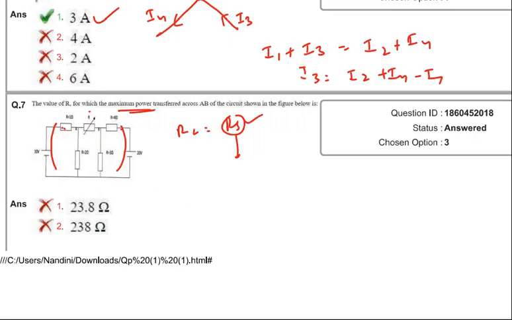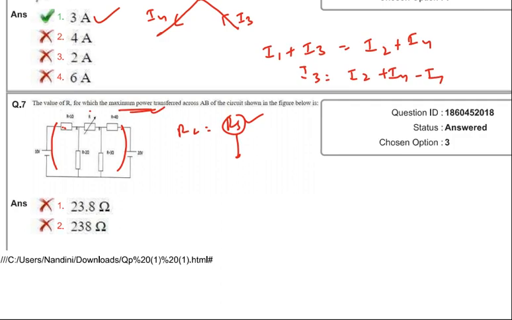Again I am telling you, the figure is not appearing clearly here. You have to calculate the maximum power transfer. When the load resistance is equal to the source resistance, then maximum power will transfer. For calculating the load resistance, you have to calculate the source resistance. This is a voltage source, just short it, and this other voltage source, short it. Then these two will be in parallel, simplify that, and these two also will be in parallel, simplify that, and both will be in series.